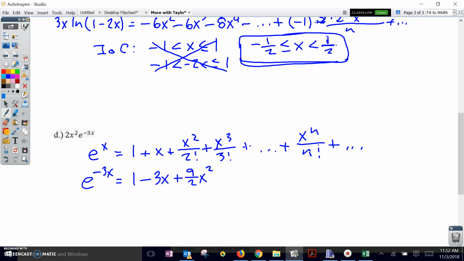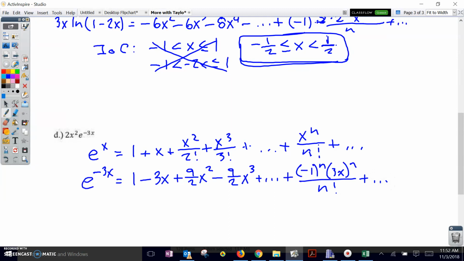Let's see, negative 3 to the third is negative 27 over 6, so that's going to be negative 9/2. We'll make that negative 1 to the n times 3x to the n all over n factorial.